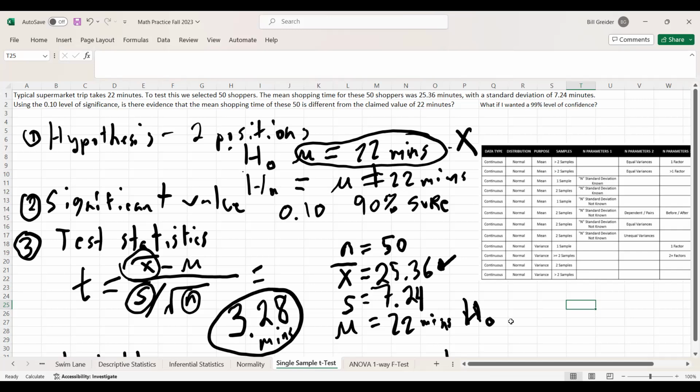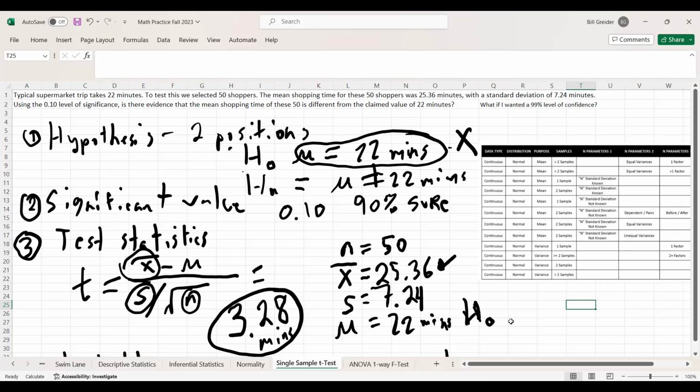But the average variation was 7.24 minutes. Now, you notice we don't know what the standard deviation is for all shoppers. So that's unknown, right? So this is a perfect opportunity to use the single sample t-test.